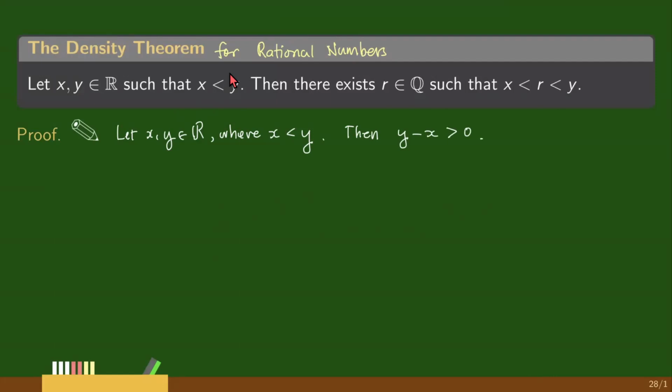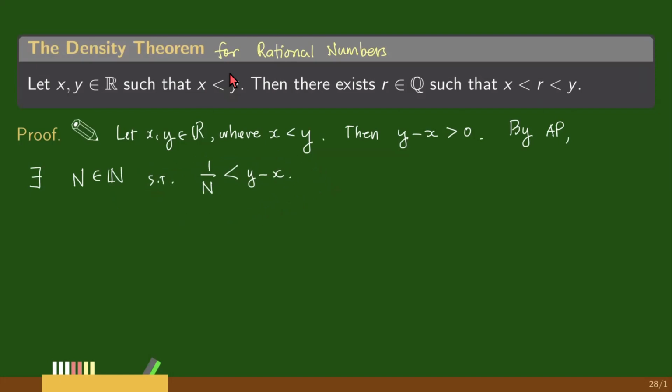Right? And because y minus x is positive, by the Archimedean property, there will exist a natural number n large enough so that 1 over n is less than y minus x. Yung n na yan ay large enough so that yung 1 over n is even smaller than y minus x. Yung y minus x, yan yung haba ng space sa pagitan ng x at saka ng y.